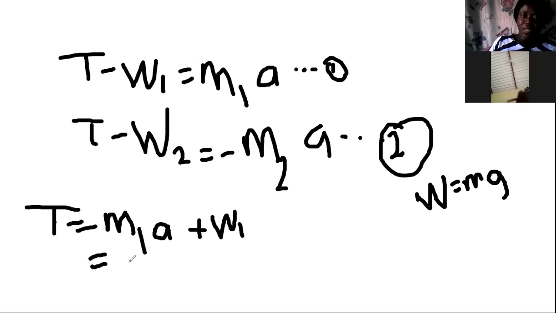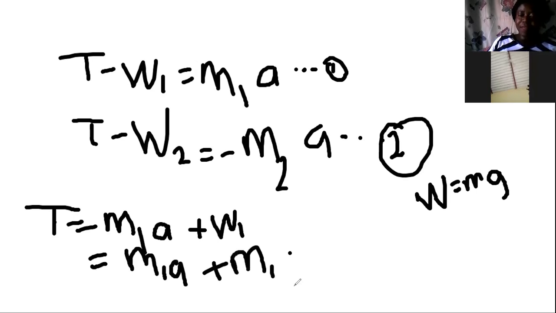Let me just put it down there. It's mass 1 times the acceleration plus the weight, which we calculate with the mass times the gravitational acceleration. You get it there? Yes. So what is our mass 1? Our mass 1 is 40. And what was our acceleration?